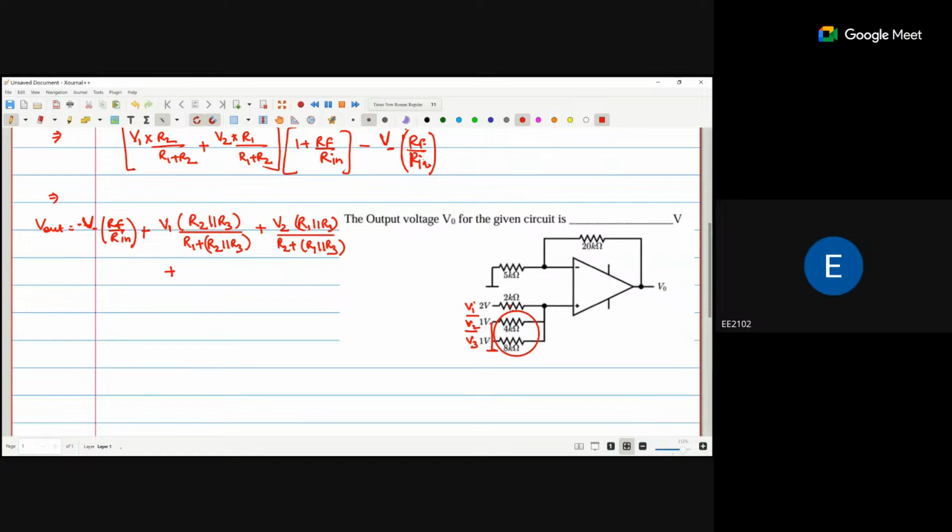Plus, for V3, R1 and R2 are parallel, so V3 times R1 parallel with R2 divided by R3 plus R1 parallel with R2. And the whole thing is multiplied with the gain 1 plus RF by RA.